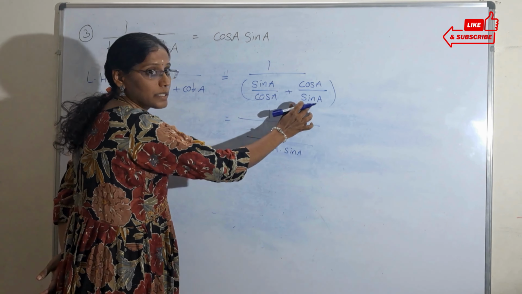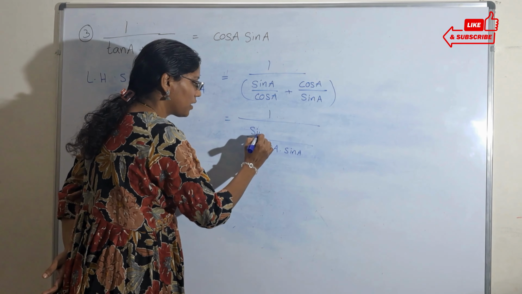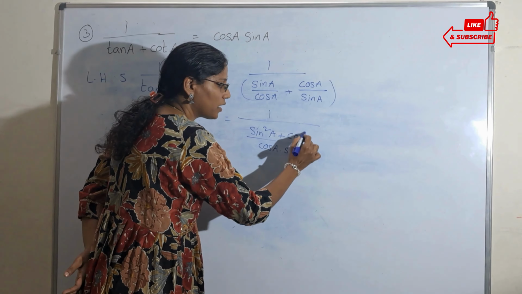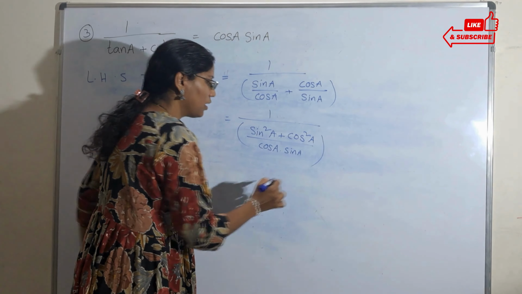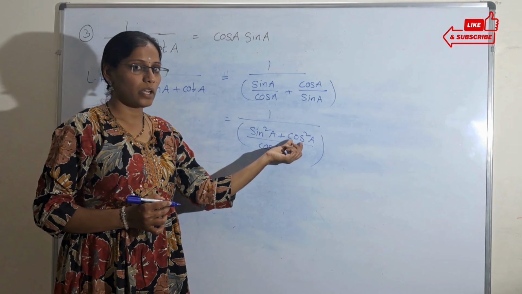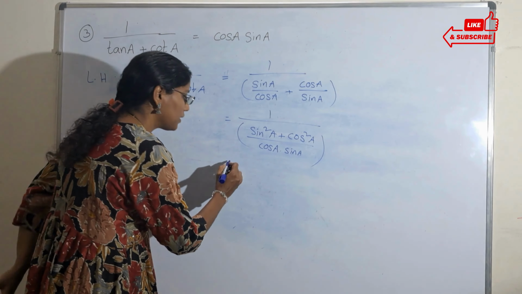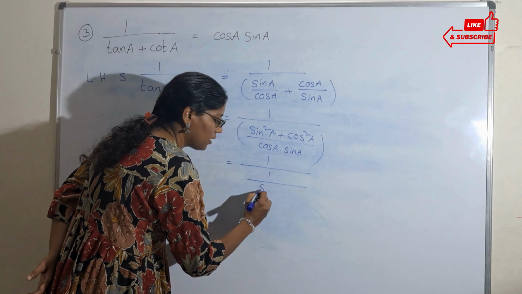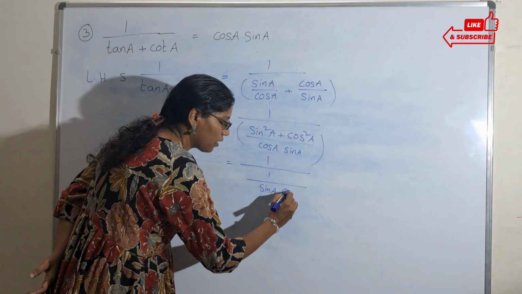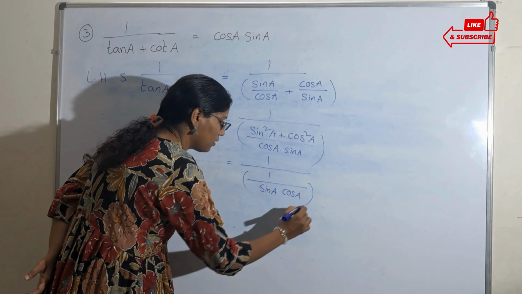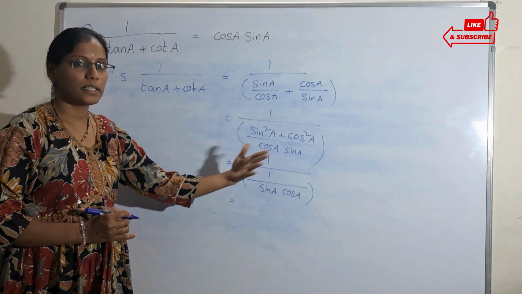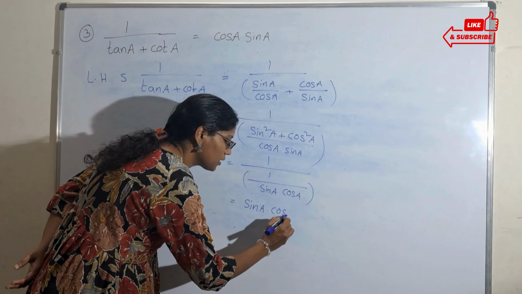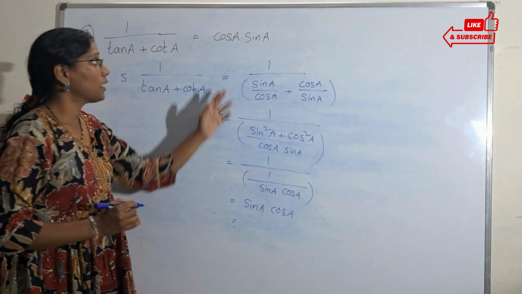Here cross multiplication: sin into sin, sin square A, plus cos into cos, cos square A. Here sin square A plus cos square A, the value is 1 using the identity. So 1 by sin A into cos A, and we have to write the reciprocal: sin A into cos A. What is the RHS here?